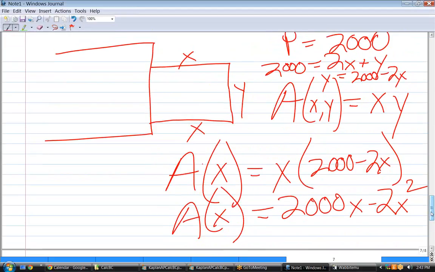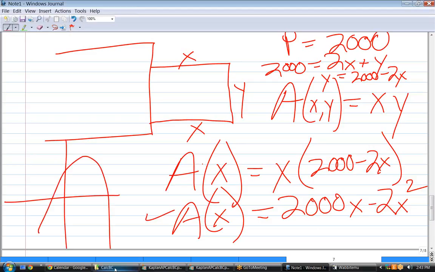Just because anytime you have the horizontal line there, it signifies a... Let's plot this area function. If I were to graph that area function, it's clearly a quadratic, and it's clearly a quadratic that opens down. Remember, this is the area, and this is x.